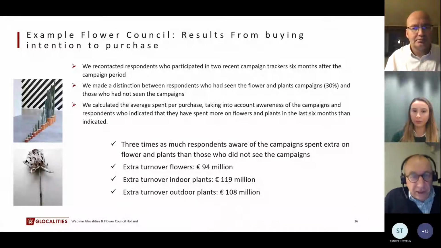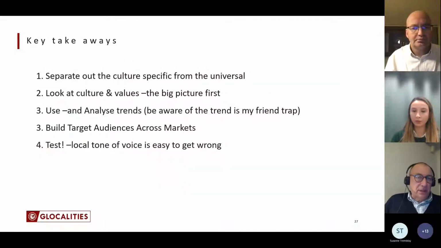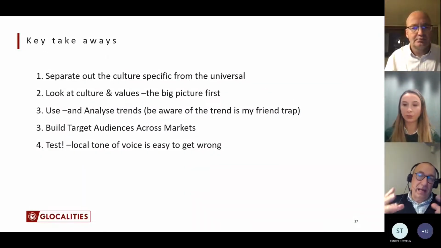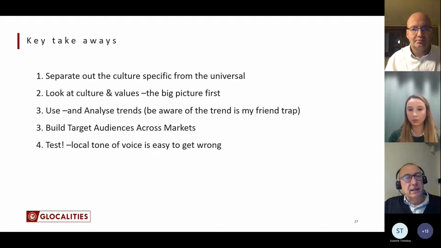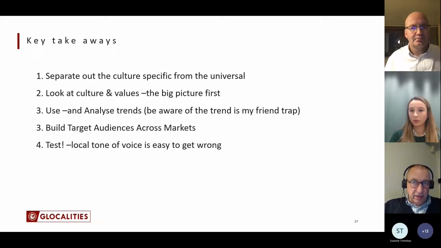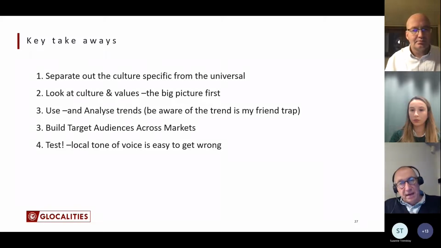Well, I think that what we showed you in these two examples, one of the key elements of what Glocalities can do, is that brands operating in one country, or an association like the Dutch Flower Council in the Netherlands, when they want to expand their business internationally, have to separate out the culture specific from the universal. Of course, barbecuing is universal, but to be effective with their positioning in Europe, they should be taking care of the cultural specific aspects of Europe in this case.